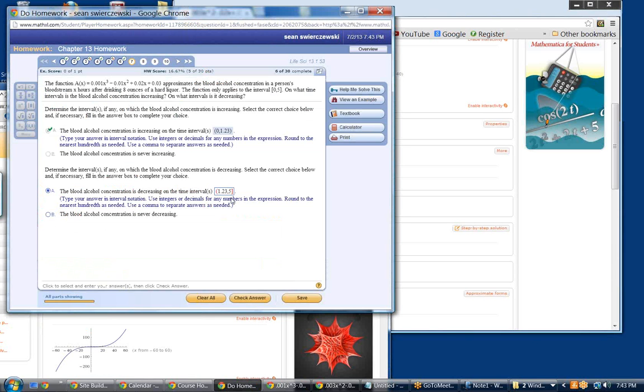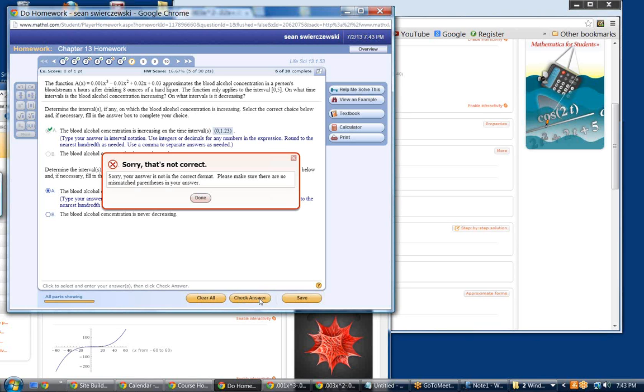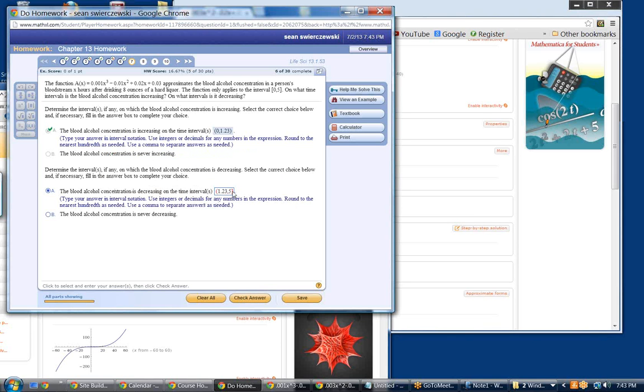So there's no way we can go beyond 5, but at 5, it's still decreasing. So I think we need a bracket, not a parenthesis. Let's try this. It's not in correct format. All right, let's try parentheses. Okay.